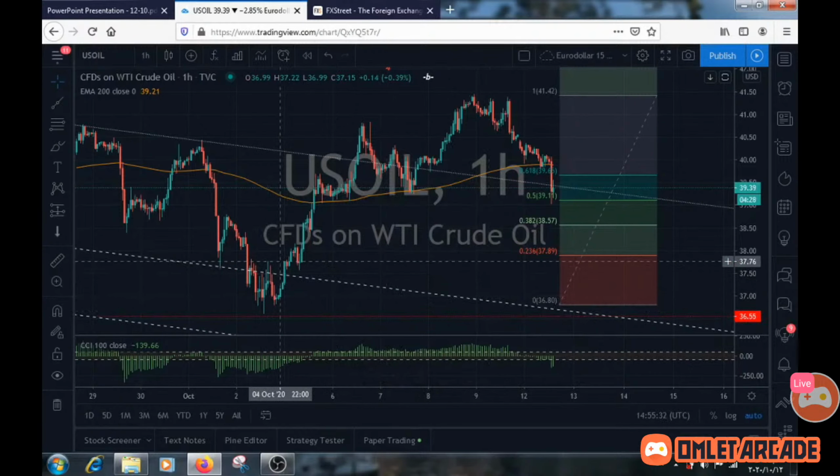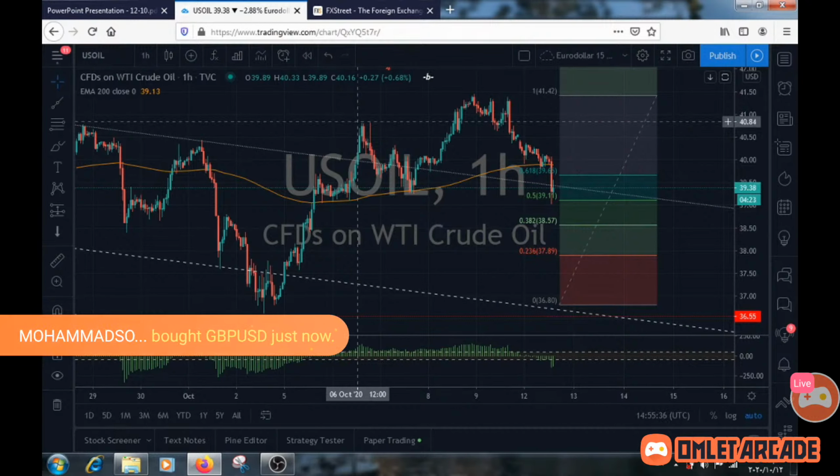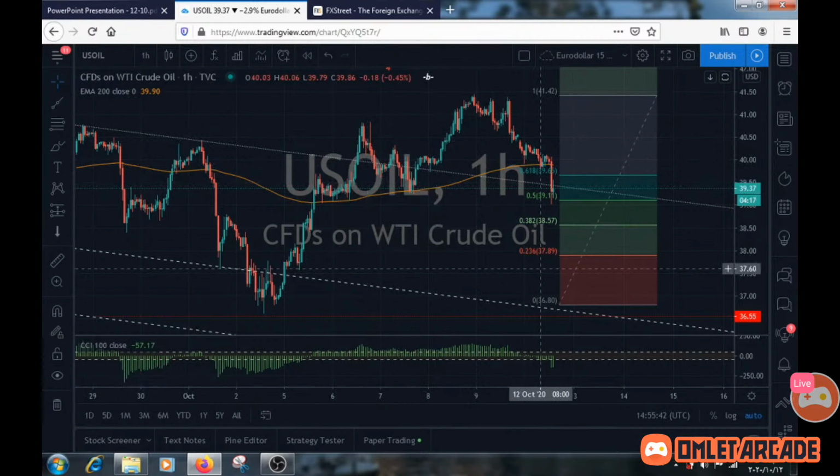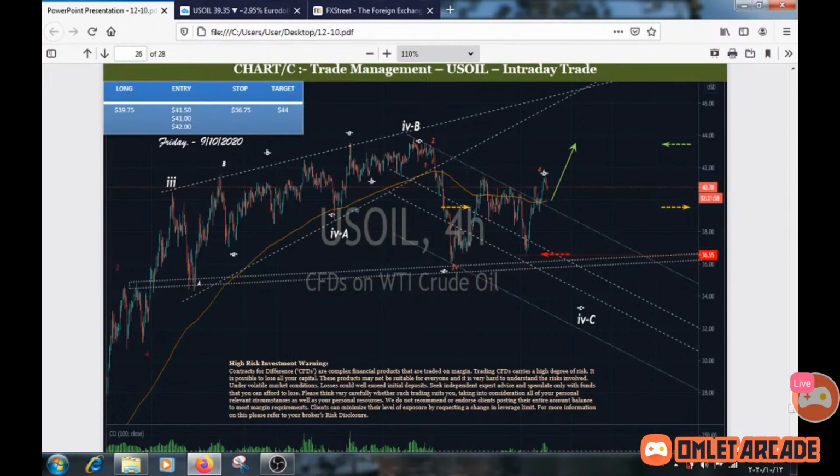If not, then we are dealing with the structure. This is the wave 3, that's a 4 and that's a 5, and the market will test all the way down to 38, which is 7.89. Our stops still have to be below 36.75 as outlined here, 36.75 and 36.55.